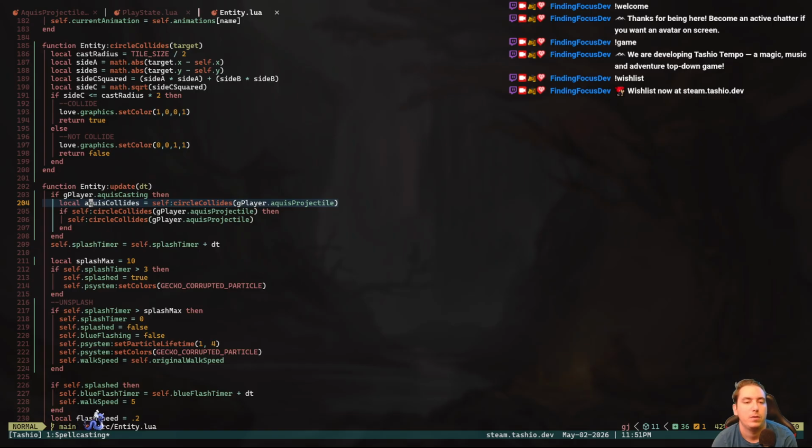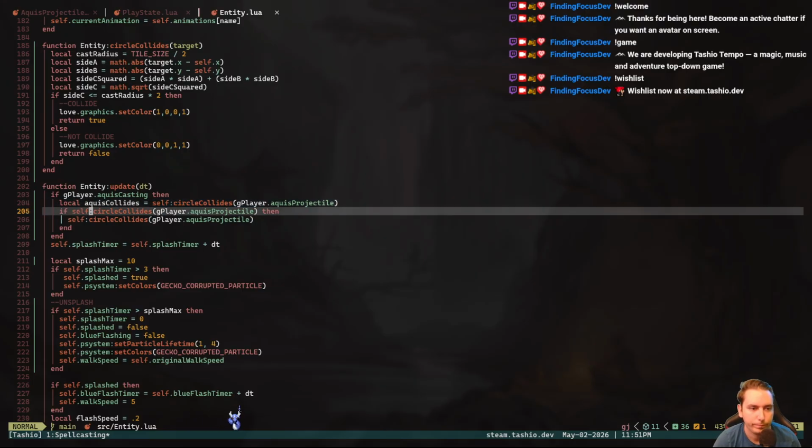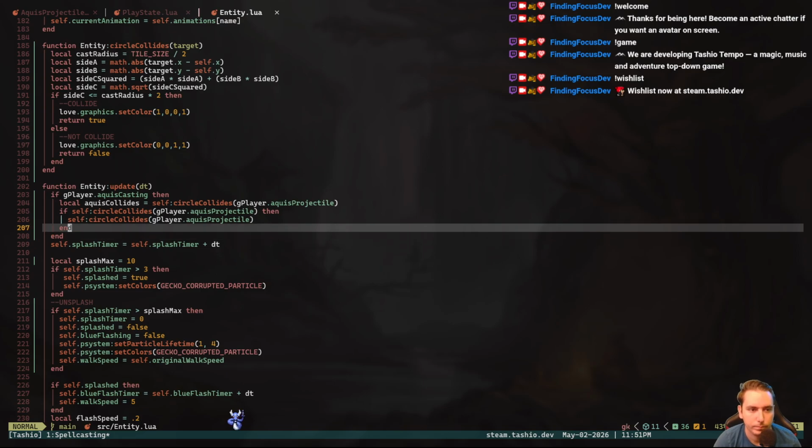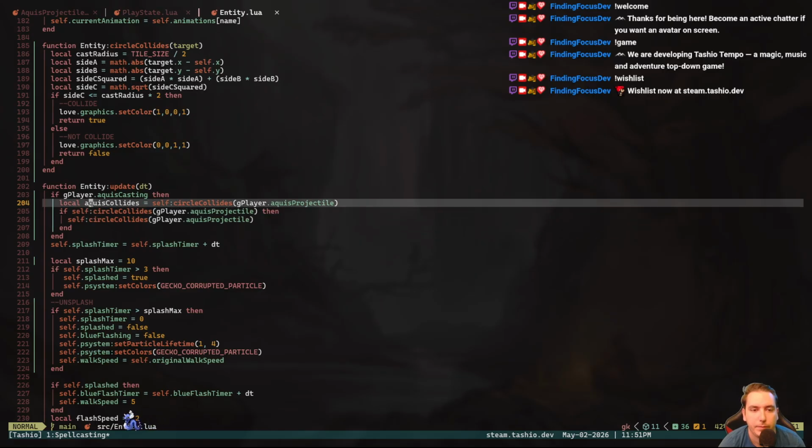Okay, so we can return. No, we can't. Aqueous collides will be a returned value because we return true or false here based on collision or not.